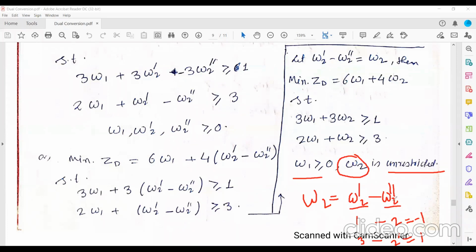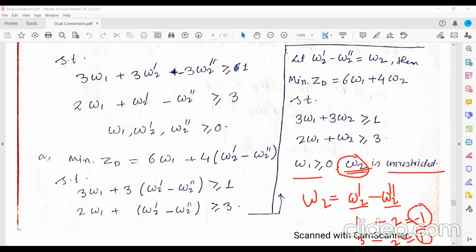That's why you can't say that W2 is always greater than or equal to 0 here. Because already I have shown you, its value can be negative, its value can be positive, and its value can be equal to 0 also. So you can't put any restriction on W2 here.